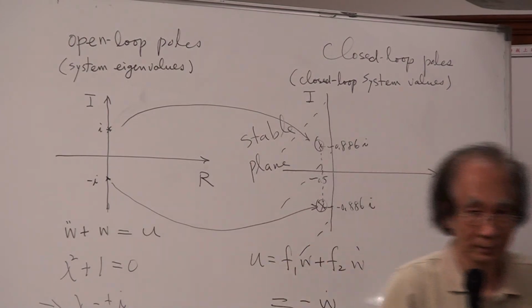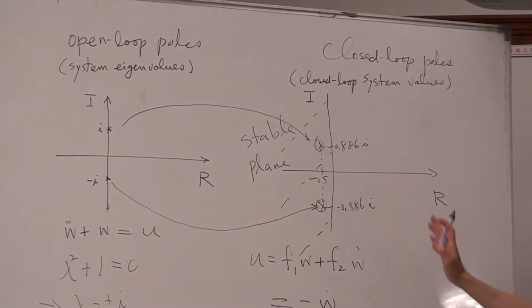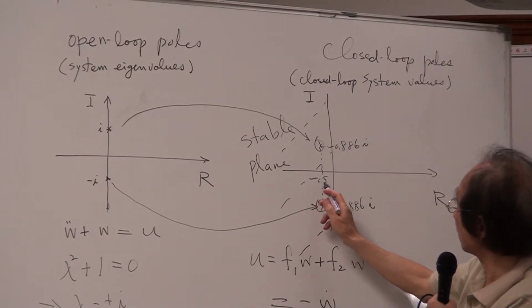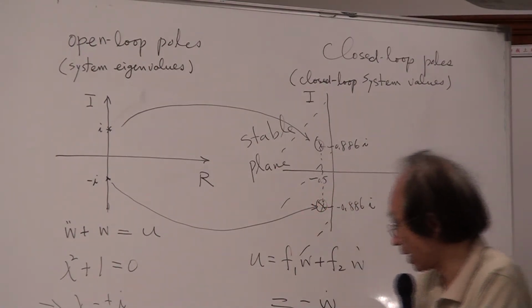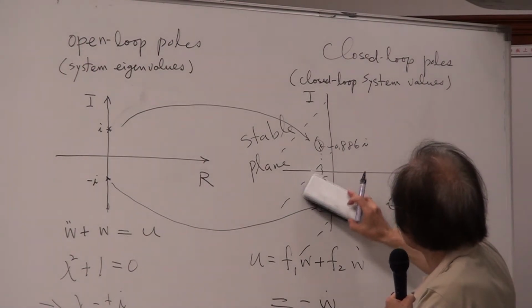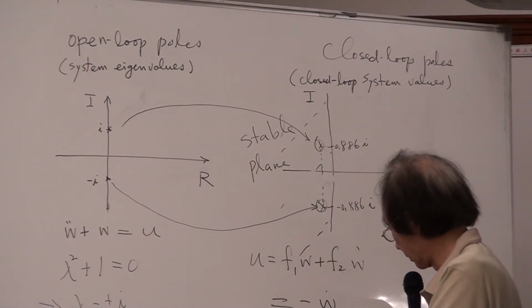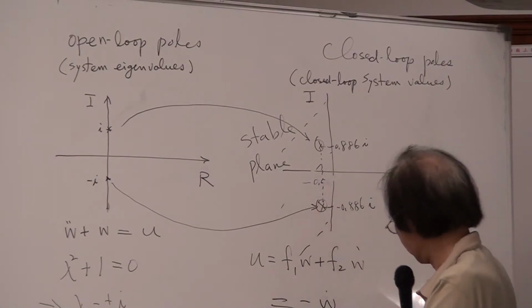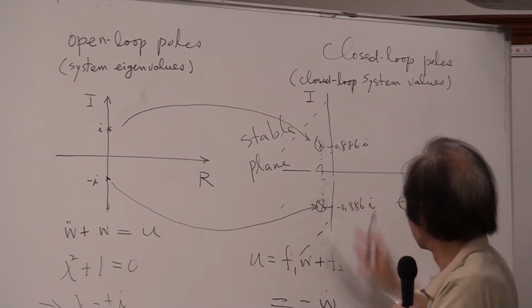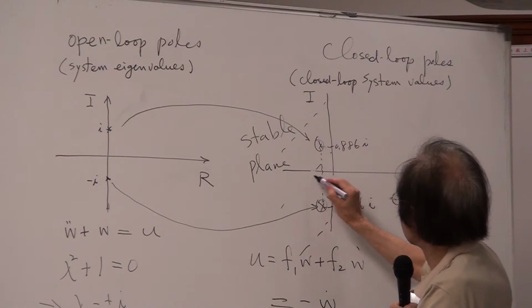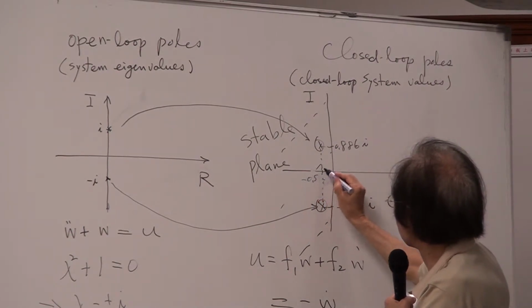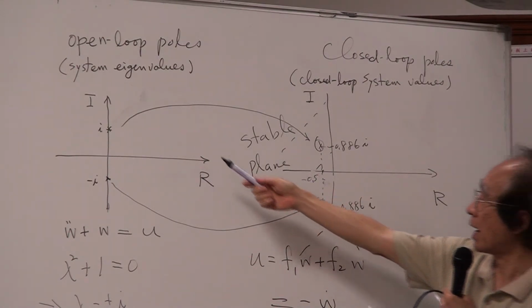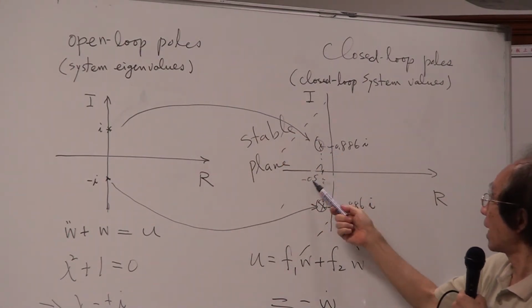Right? If I put it on the left-hand plane, then I have minus 0.5 in the real part. That is minus 0.5. So I move the pole from i to minus 0.5.